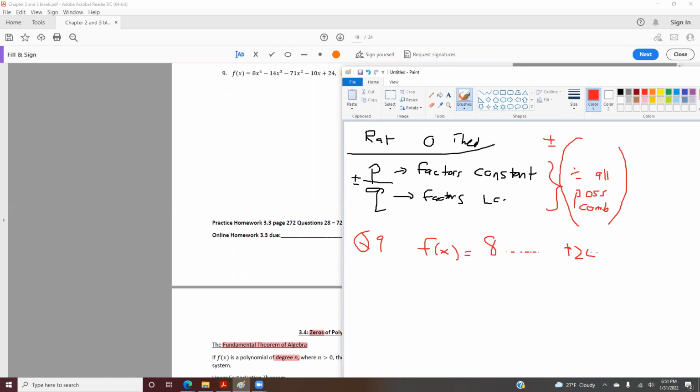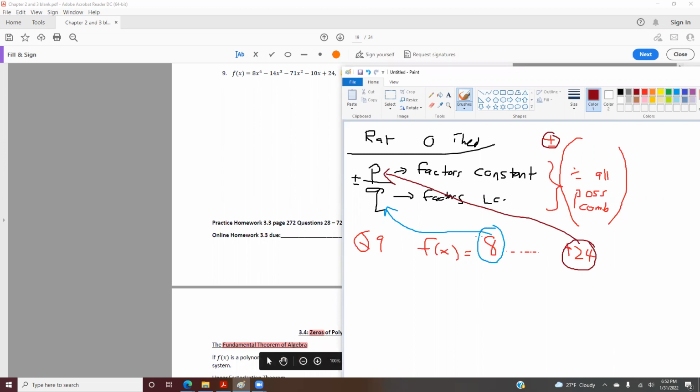Again, everything is important, but 8 is important, that is for the Q, and 24 is important, that is for the P. And I do not care if the 8 or 24 is plus or negative, because when you divide, we have a plus minus, which will take care of all the combinations we can have.